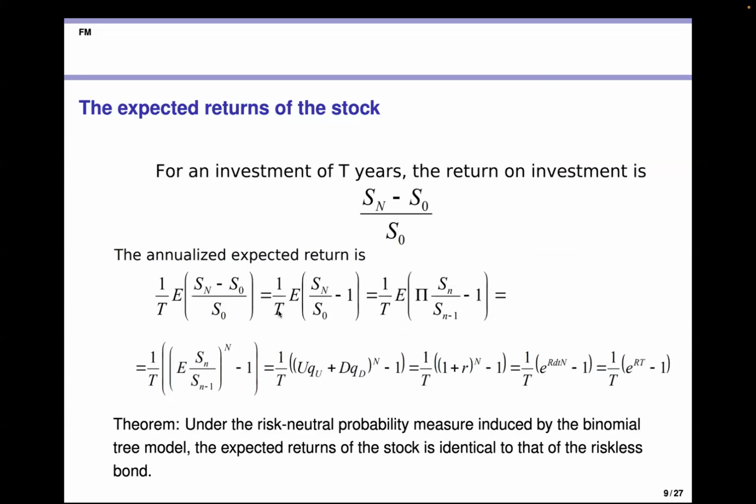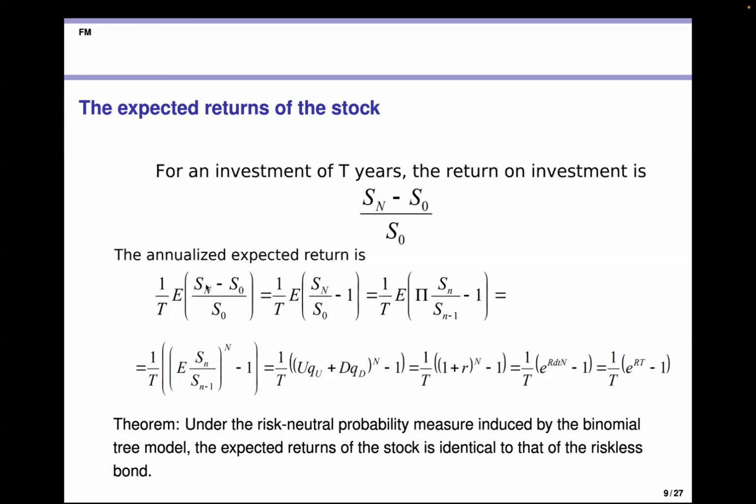And now it is a step aside, a theorem about expected returns of the stock. You remember that return on investment is the final value minus the initial value divided by the initial value. If you would like to find the mathematical expectation of this, because Sn is a random value, and we divide by t to annualize this expression.